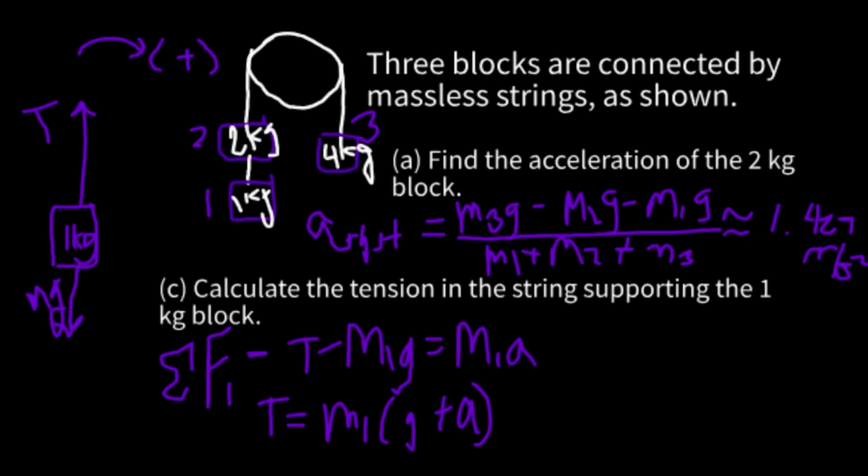In that case, tension has to be greater than its weight, so we'll have a pretty good idea if we have the right answer if the tension is greater than the weight of block 1. Because if tension was less than the weight, block 1 would be accelerating downwards. So we'll take its mass of 1 kilogram times 10 plus an acceleration of 1.429, and that gives us a force of tension of exactly 11.429 newtons. That is greater than the weight of block 1, so we should feel pretty confident in that answer.